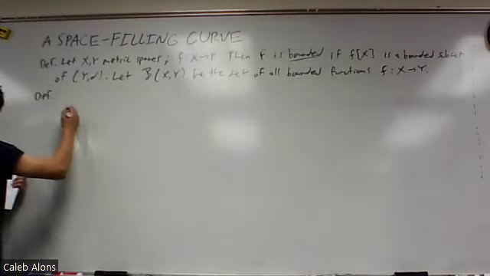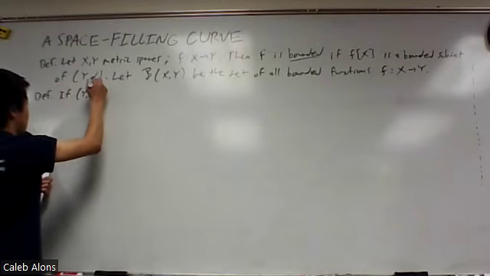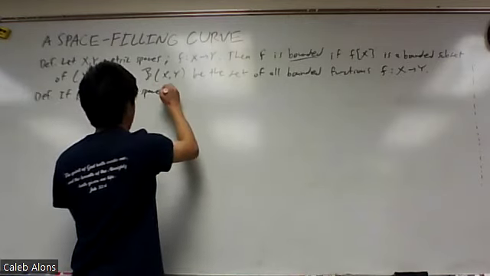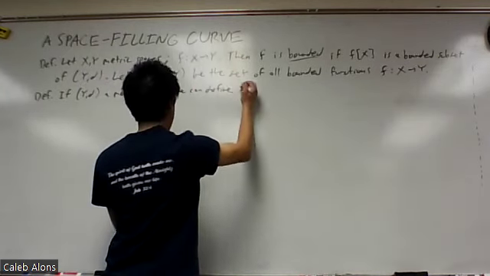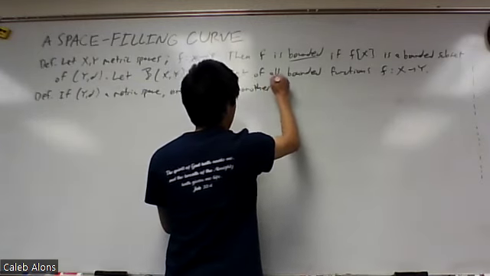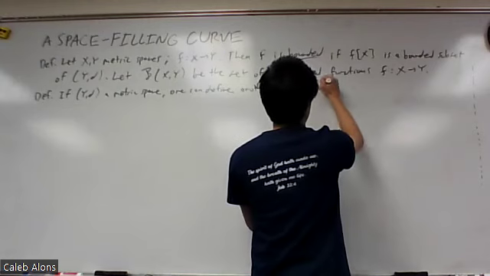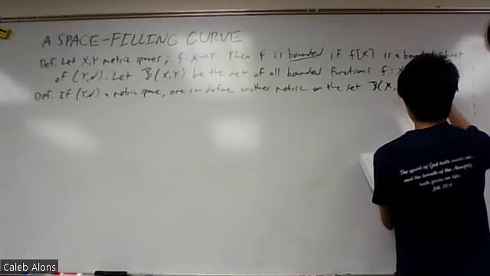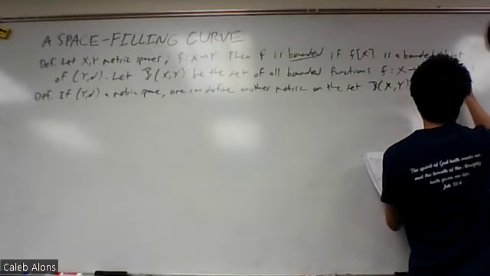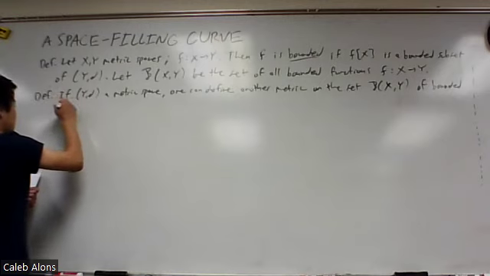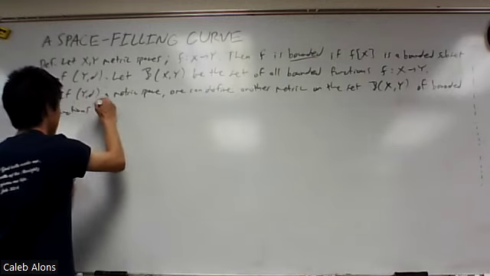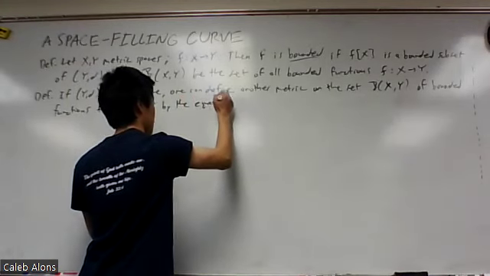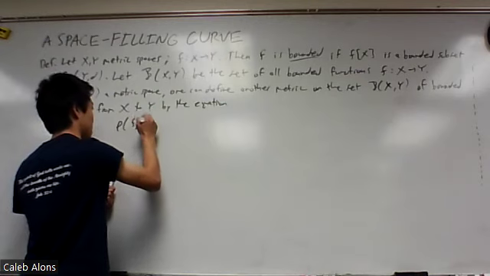And then if we have a metric space (Y, d), one can define another metric on the set that we just defined, the set of all bounded functions from X to Y. So I'll take rho of f and g.